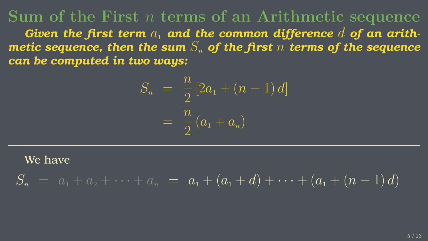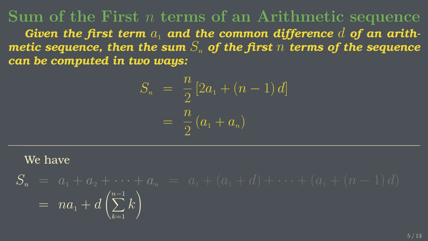Here a1 appears n times, so you can regroup and have n times a1 first, and then you have the elements involving d: d plus 2d plus etc. plus (n minus 1) times d. Using summation notation, you can put d as a common factor, and this becomes d times the summation of k, where k runs from 1 to n minus 1.